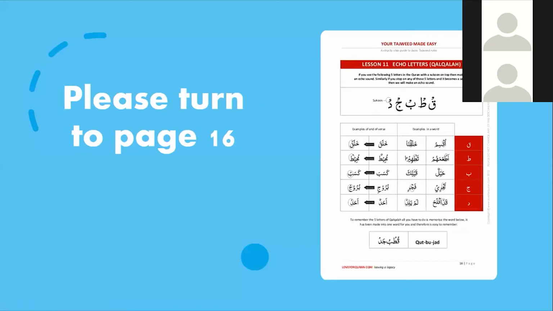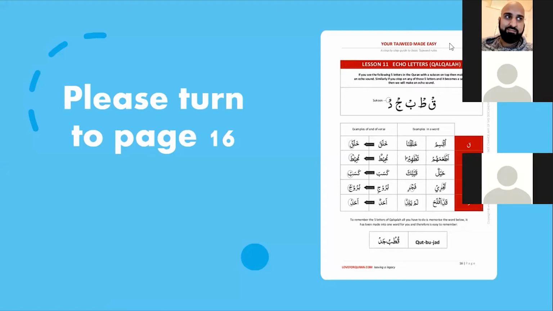So if everybody could turn to page 16 of your workbooks, what I'm going to do is, how many people do we have in our group? Let me have a look. We've got 10, minus me, it's 9, 8. Right, okay. Let me quickly create breakout rooms, and then I'll put you into your breakout rooms to practice.